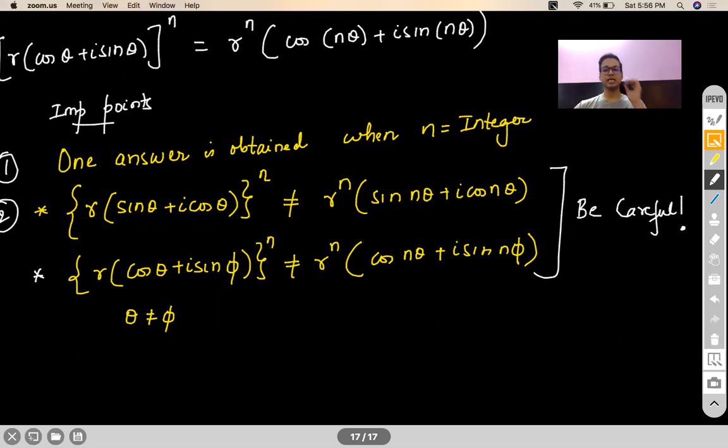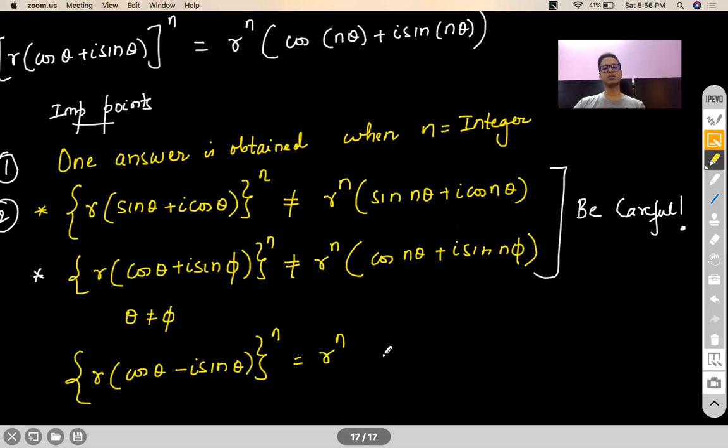However, if you have something like this, r cos theta minus i sin theta, and somebody is raising it to a power of n, then you can write it as r to the power n cos n theta minus i sin n theta. That is not an issue. This is perfectly acceptable. Now, why is it acceptable? Very simple.